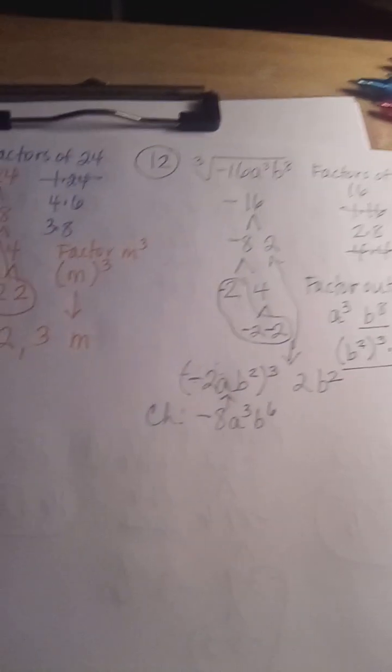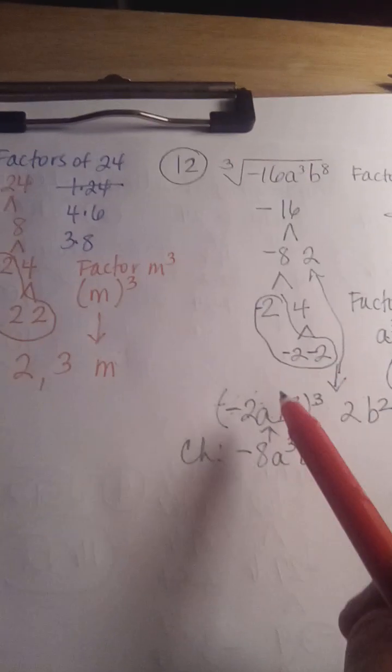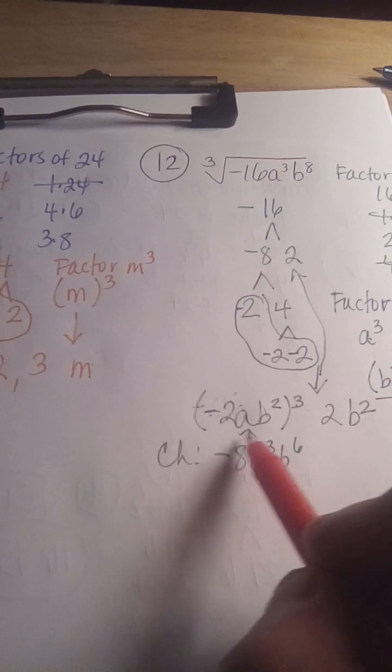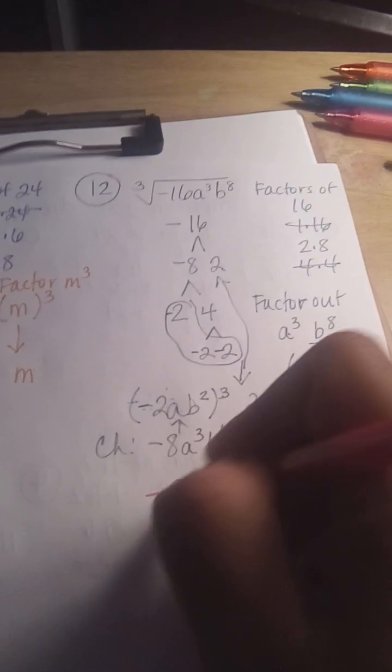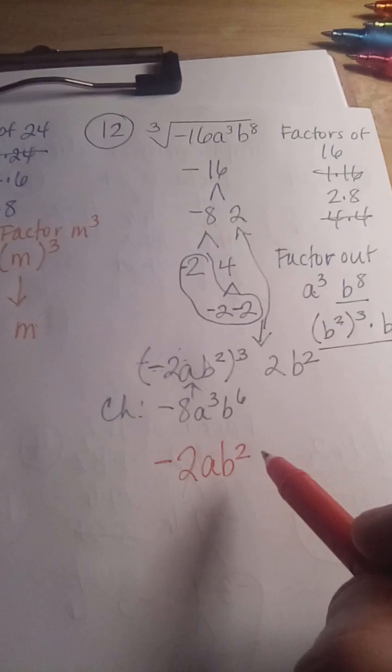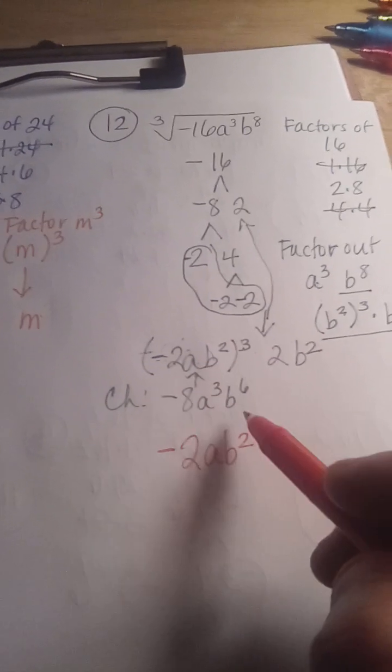No. Okay. It's going to make it a lot simpler, a lot easier for you folks, okay? So you see that -2ab squared? That goes outside, right? Okay. Follow me here so far? You take it out from the terms.